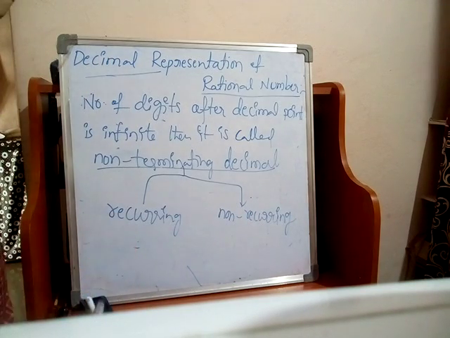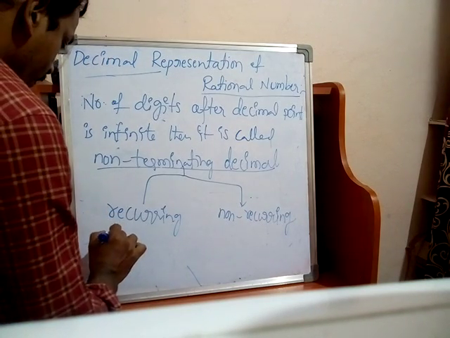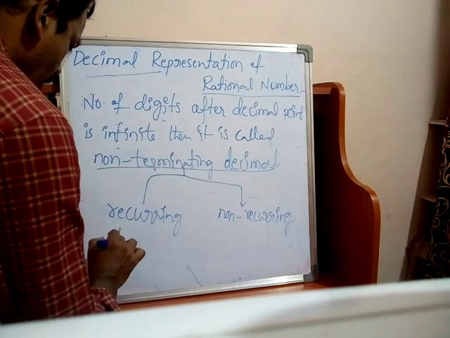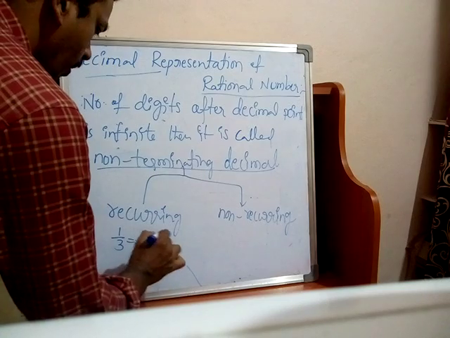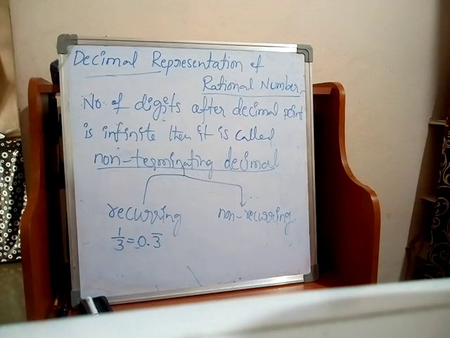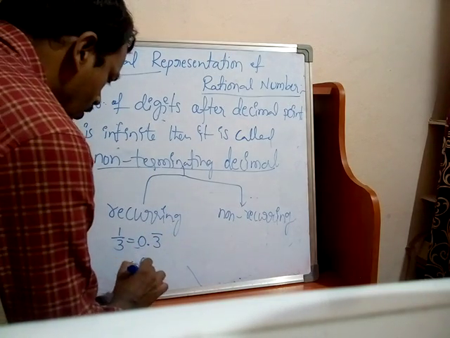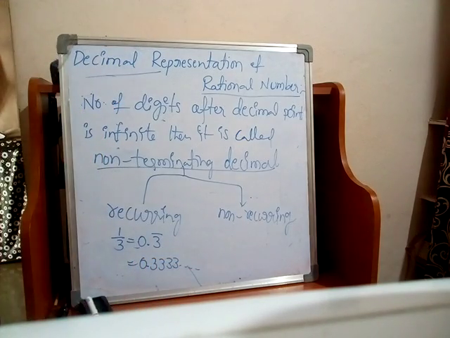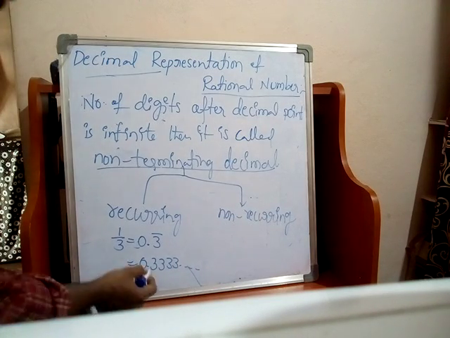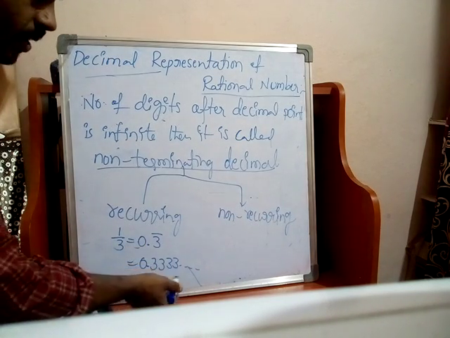Now see this. Already we discussed 1 by 3. 1 by 3 how much? 0.3 bar. 0.3 bar means 0.3333 like this continuing; 3 is repeated so many times, so that's why it is non-terminating. How many digits are there?